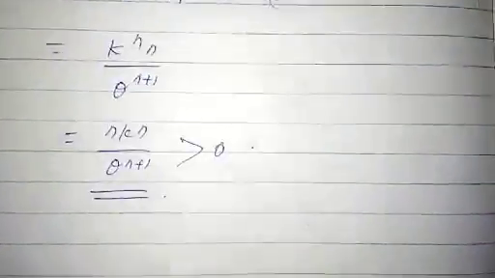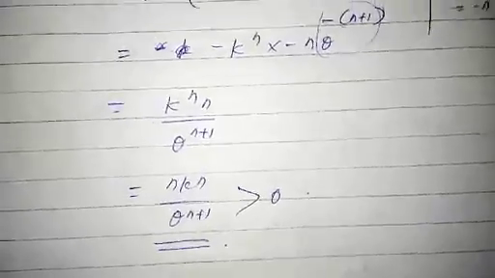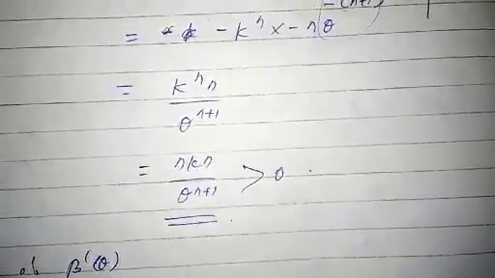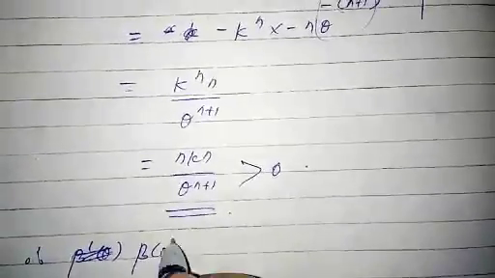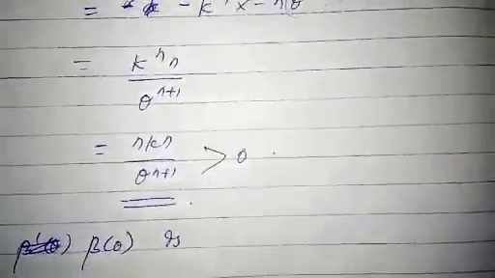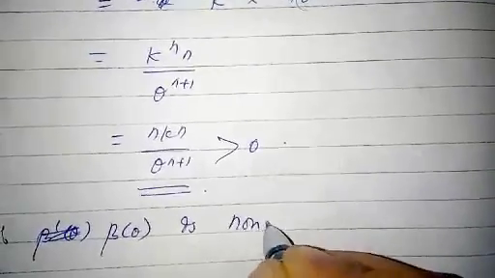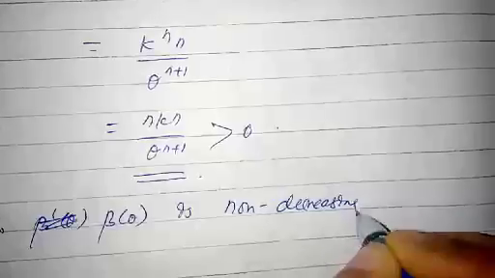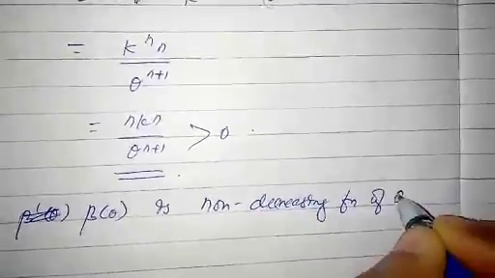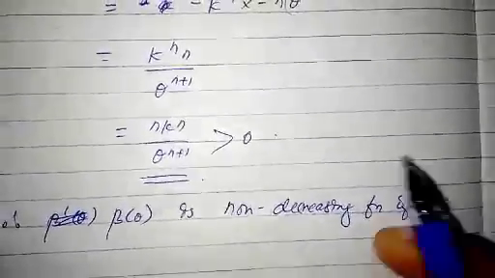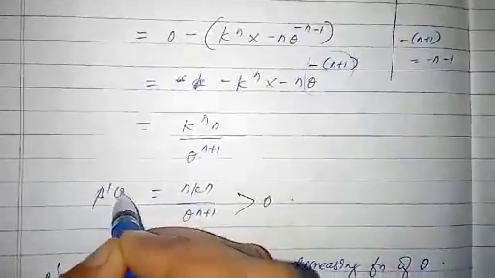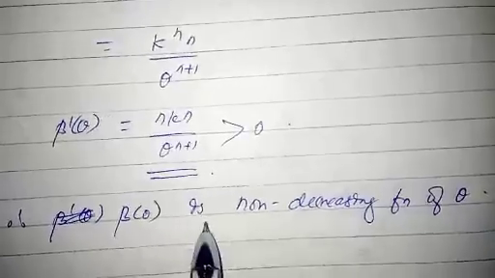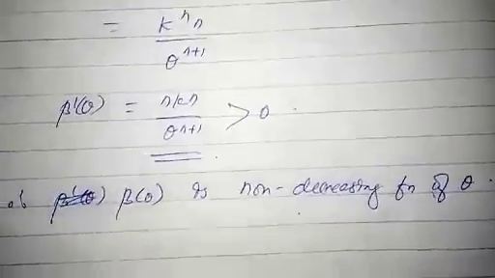Therefore b dash of theta is greater than 0, therefore beta of theta is a non-decreasing function of theta.